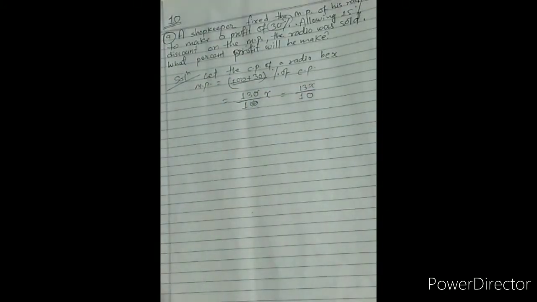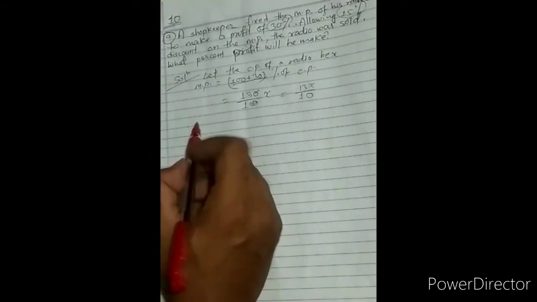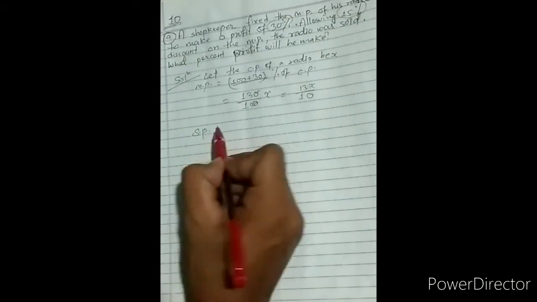But he wanted to get this 30% profit, but he allows 15% discount. So we will subtract from there. So let's find selling price. Actually, he will not get 30% now because his discount is 15%.